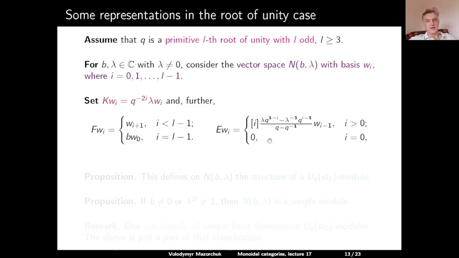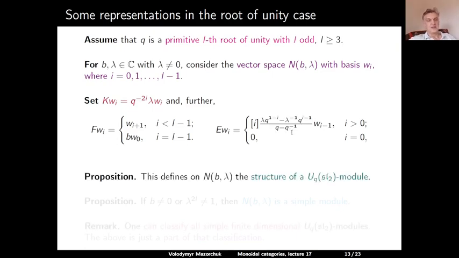And E operates as follows. So E kills v_0, and for other i, E v_i is v_{i-1}, with the additional coefficient [i] times (lambda q^{1-i} minus lambda inverse q^{i-1}) divided by (q minus q inverse).